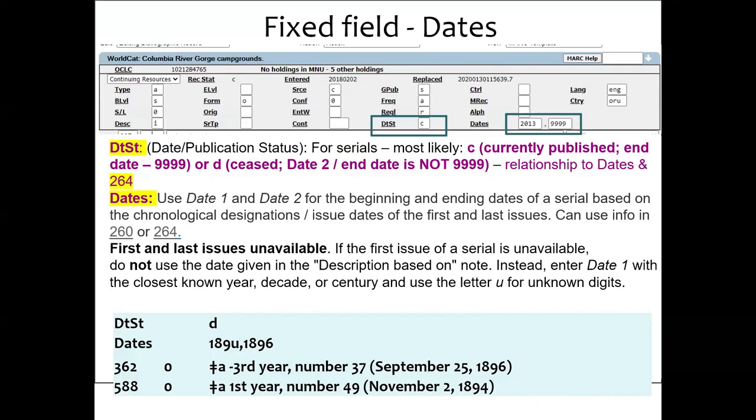An author starts writing a set of books, and they're going to be done as a set as opposed to a series. A set of books, volume 1, volume 2, volume 3. They may not have written volume 10 yet, but you already know that this is going to be a 10-volume set. So although the date would still be 9999 because that means an ending date at this point, there is that idea that there is an end to that.